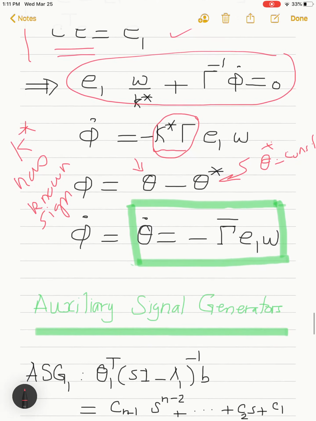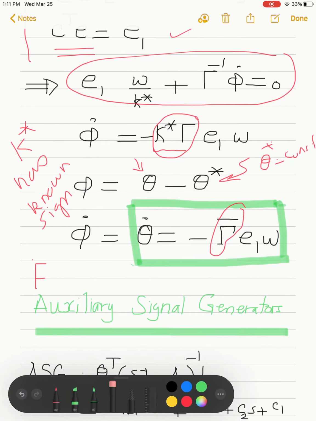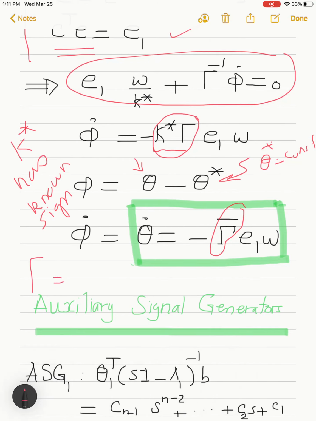So that will lead to theta dot equals minus gamma bar E1 times omega, and gamma bar is normally a diagonal matrix, gamma 1 up to gamma n, and these are the adaptation gains. So this way I can implement the proposed control.